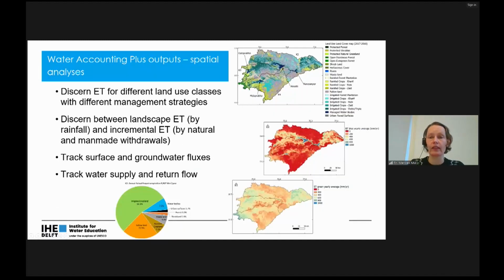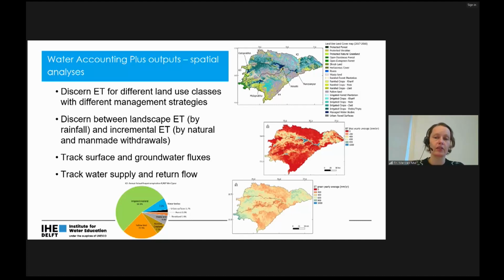Well, then also we provide these kinds of spatial maps. So you see here for the same area the land use category, and you also see if you map that out with the blue ET, so the water use from surface or groundwater, that, of course, it makes sense that the water bodies evaporate most of the blue water resources, whereas areas that have forest or large vegetation evaporate more of the green water resources.